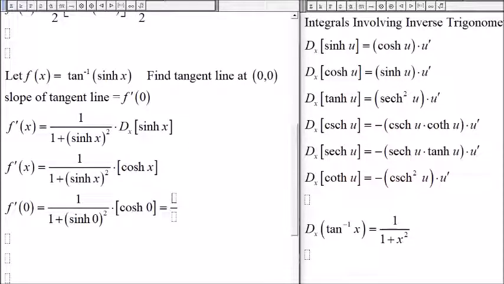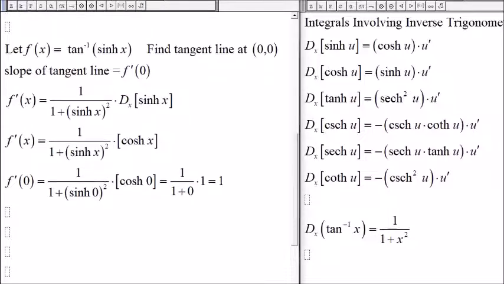Then we can use a scientific calculator to evaluate: hyperbolic sine of 0 is 0, and hyperbolic cosine of 0 will be 1. Altogether we get 1. So the tangent line passes through the point 0, 0, and it has a slope of 1.